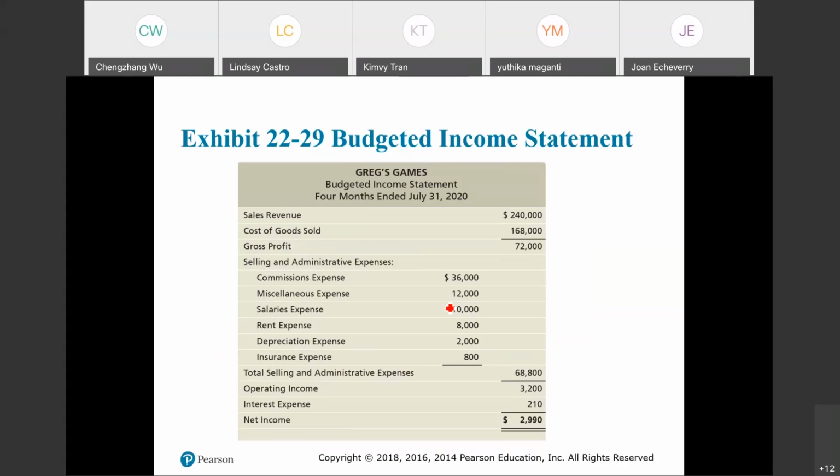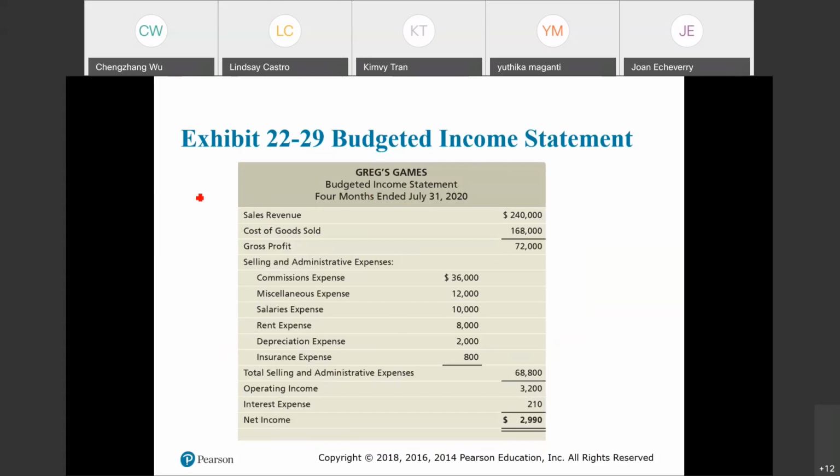And I believe this is pretty much straightforward. All these numbers can be found from the previous budgets. Sales revenue, COGS, selling and administrative expenses can be found in previous budgets.